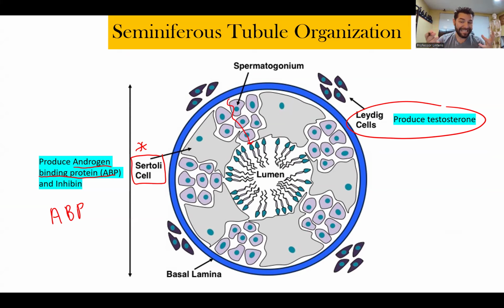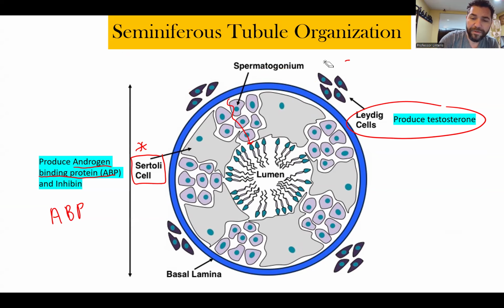This will bind to testosterone and help keep it in this area. So if these Leydig cells are producing lots of testosterone, you don't want it just leaving, going away somewhere else. We need to keep it here to help regulate spermatogenesis. So the ABP will bind to that and keep it around, which is very important.